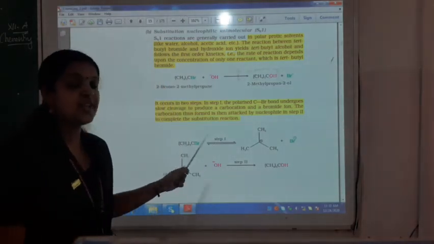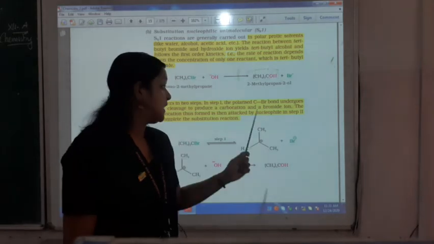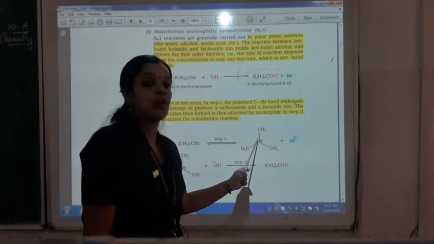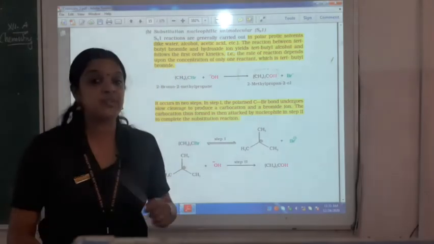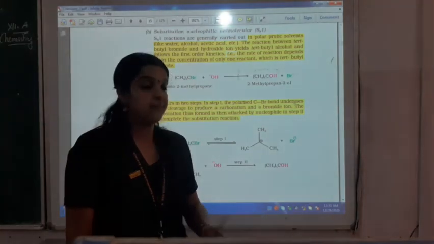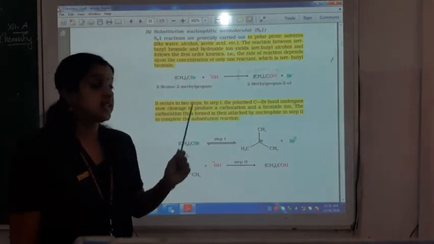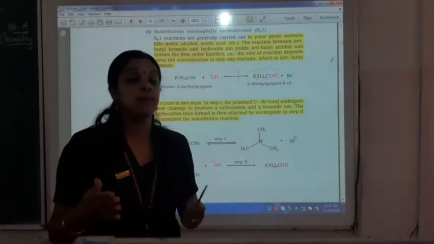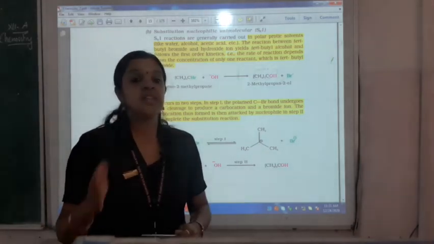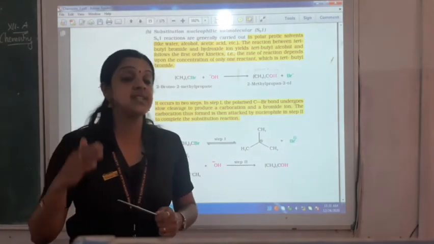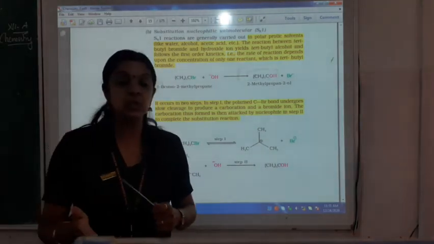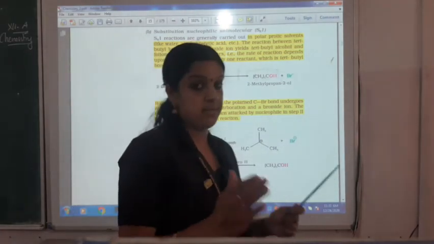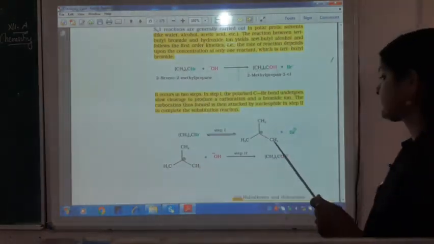Here tertiary are more susceptible because tertiary carbonium ions are more stable when compared to secondary and primary. So primary halides undergo SN1 reaction with very least reactivity compared to secondary and tertiary. So in SN1, tertiaries are more stable and in SN2, primary are more stable. Now we will see that.